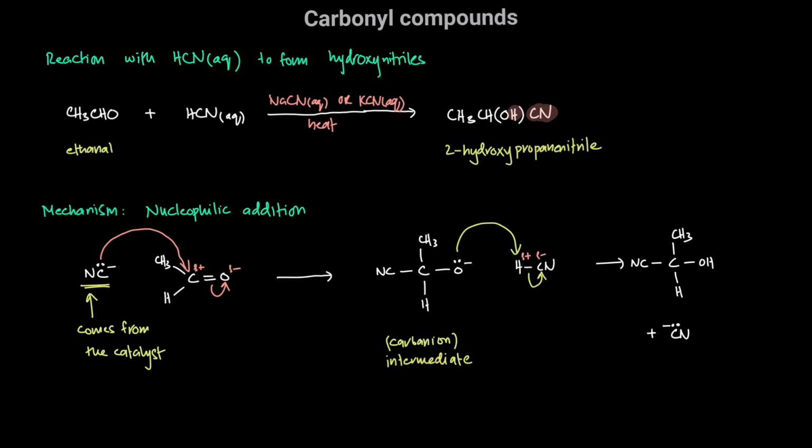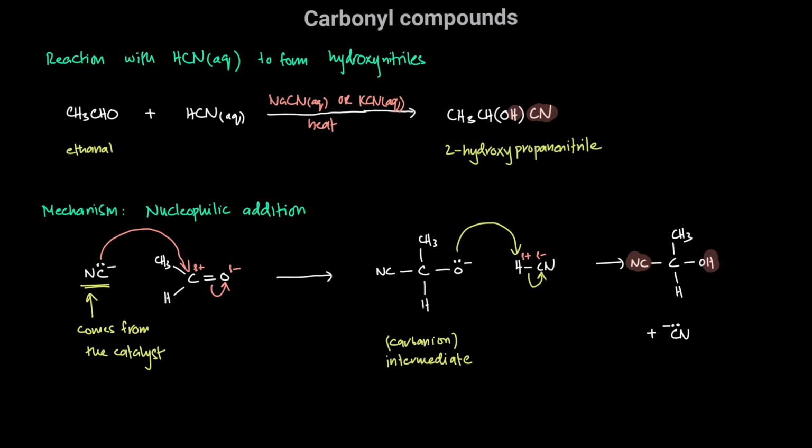So this over here is our product. We have 2-hydroxypropanenitrile, a 1, 2, 3 carbon chain. So that's propanenitrile, and we have an OH group on carbon number 2. This mechanism is the nucleophilic addition of hydrogen cyanide, or HCN, to form a hydroxynitrile. Over here what we've done is we've added an HCN, and what we notice is that the cyanide ion that we had initially has been regenerated.